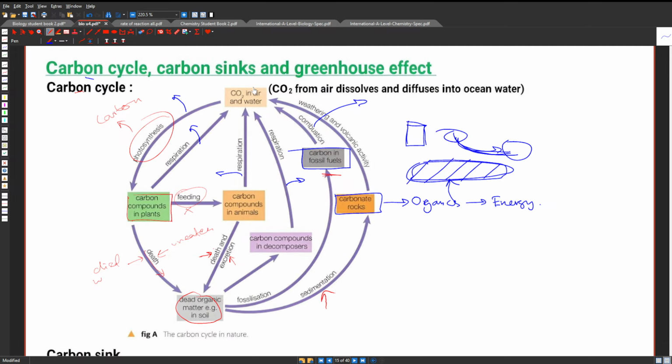No, to produce glucose. So you're using this inorganic to make an organic. It's not as though CO2 is the organic used to make energy. CO2 is a very important reactant involved in the formation of energy in plants, not in animals though.